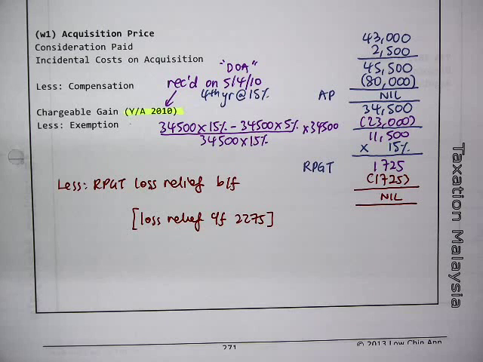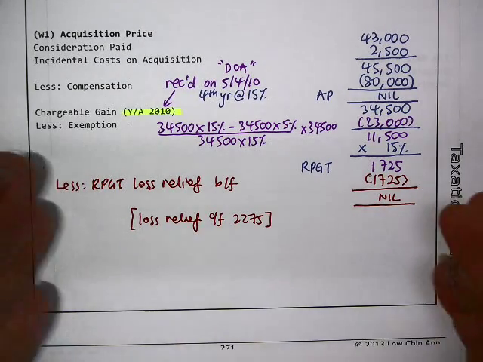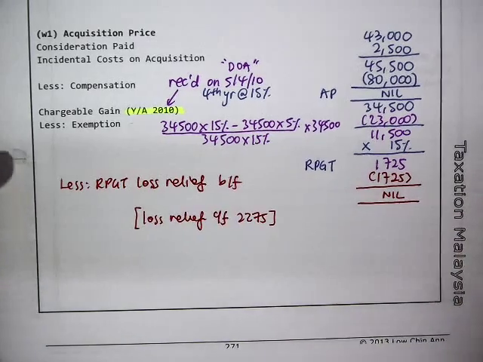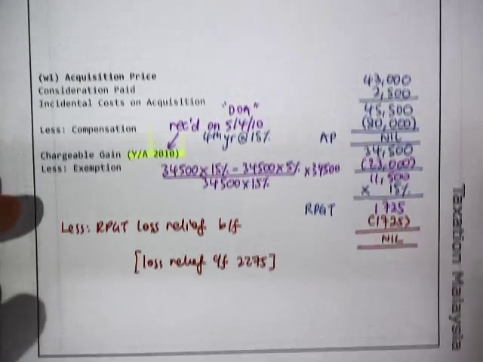1725. Alright? Now, here is where you take note of the loss relief. The old loss is given against the tax. So you're going to minus your loss relief brought forward 1725.